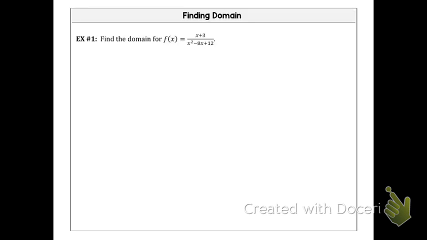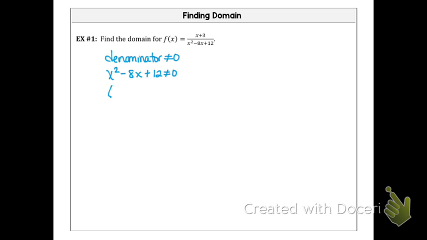All right, so example 1 says find the domain of this function. Remember with domain, we've talked about this because it's been showing up off and on since we started school. We have certain restrictions for domain, and one of them is if it is a fraction, our denominator cannot equal 0. So in this case, x squared minus 8x plus 12 cannot equal 0.